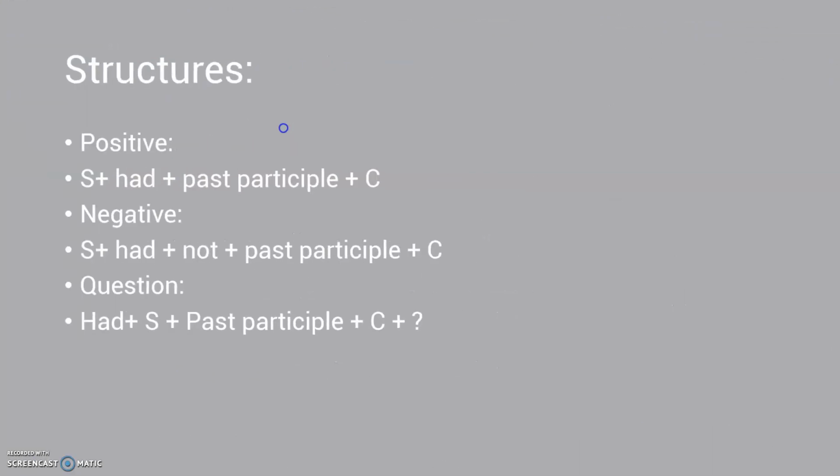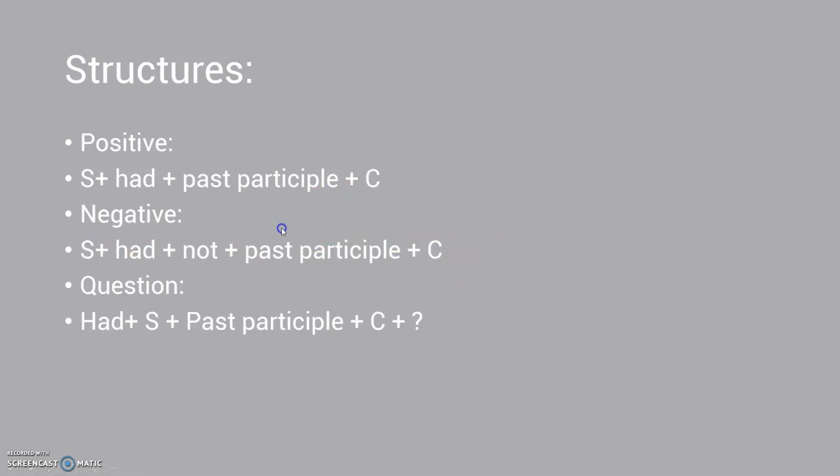Let's review the structures for the past perfect. If it is positive, we're going to use the subject and had all the time, no matter if it is singular, plural or third person. It's always the auxiliary had, then the verb in past participle, and the complement. For the negatives, we say subject, had not, past participle, and the complement.